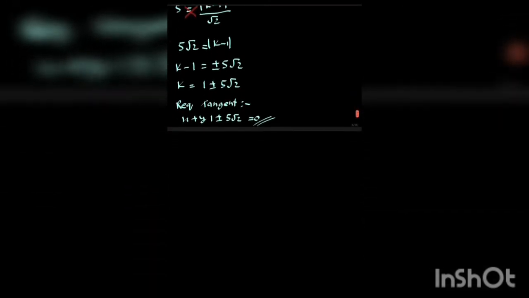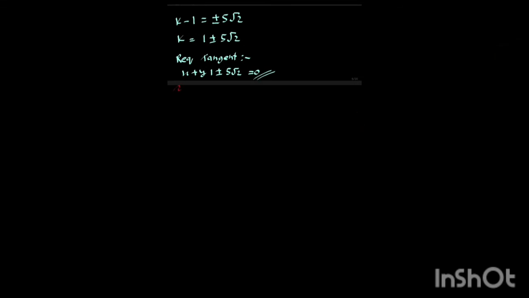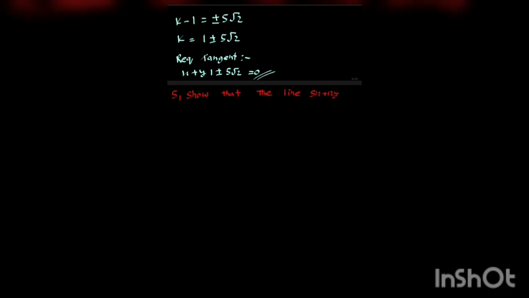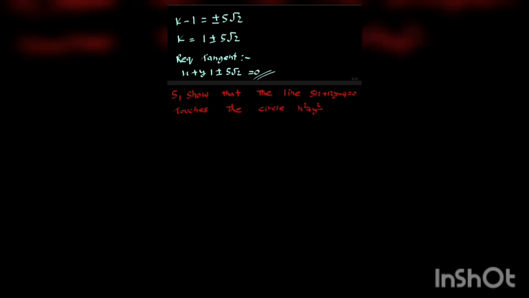Next question, fifth one. Show that the line 5x plus 12y minus 4 equal to 0 touches the circle x square plus y square minus 6x plus 4y plus 12 equal to 0.